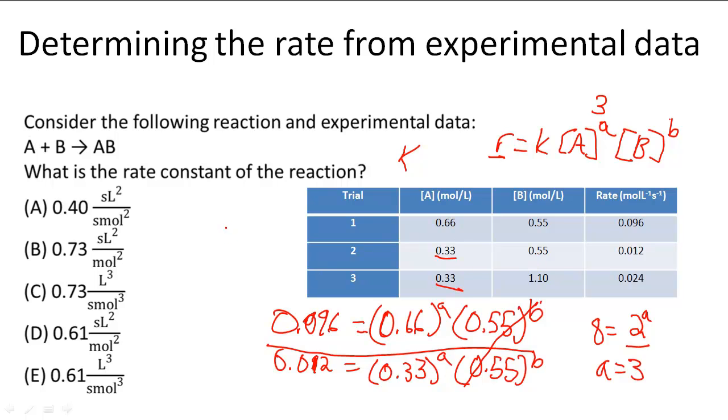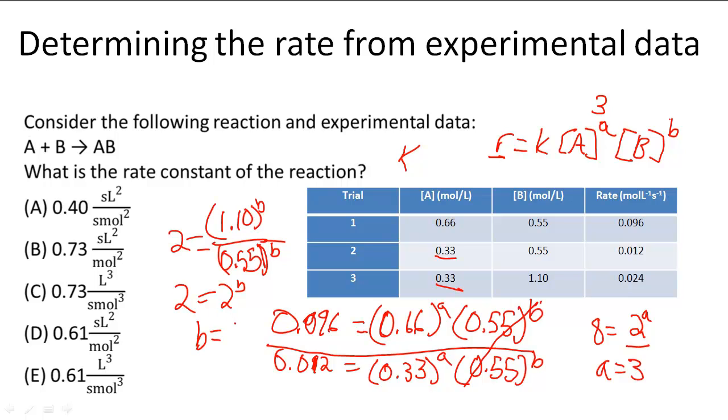So on this side, after I divide 0.024 by 0.012, that equals 2. And when we divide 1.10 to the B by 0.55 to the B power, this becomes 2 to the B equals 2. So B must equal 1.